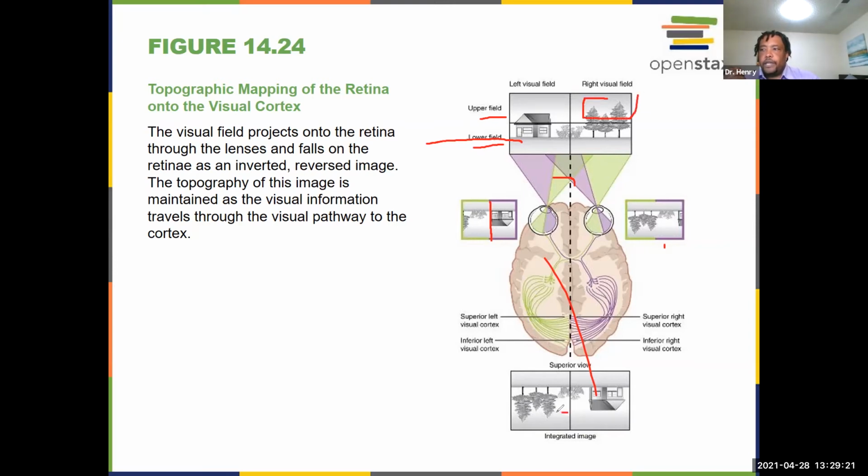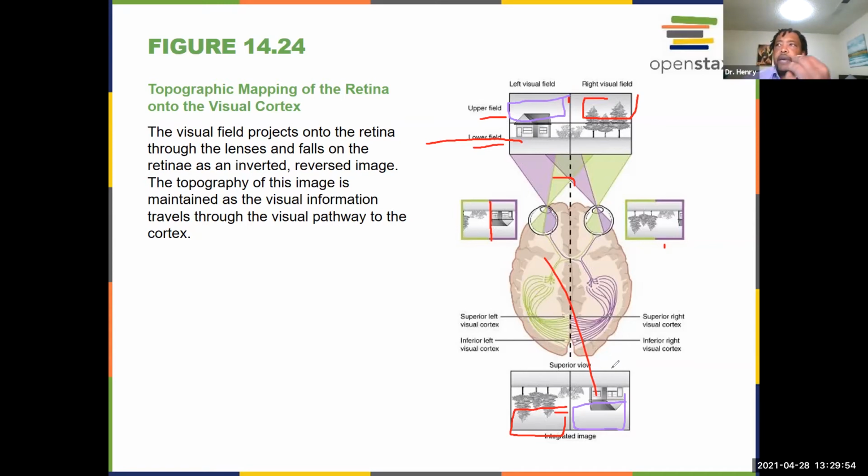And so you end up with this image being here. And then the upper right, or the superior right visual cortex, is going to process this part here. And the lower components are going to be processed simultaneously as well too. So it's going to reconstruct that full image after it's broken them up.